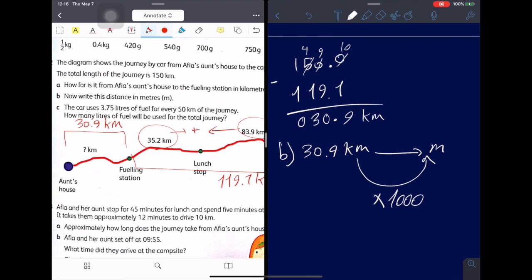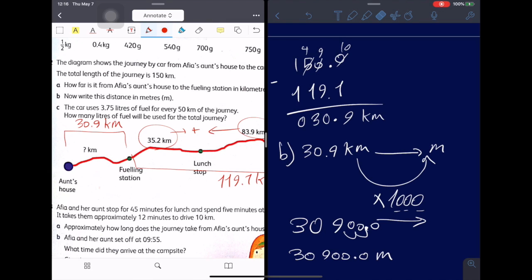If you multiply, multiplication will move the point to the right by the number of the zeros. So it'll be 1, 2, 3. So 30.9 kilometers is going to be 30,900 meters.